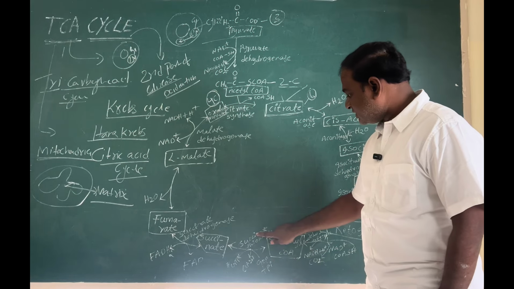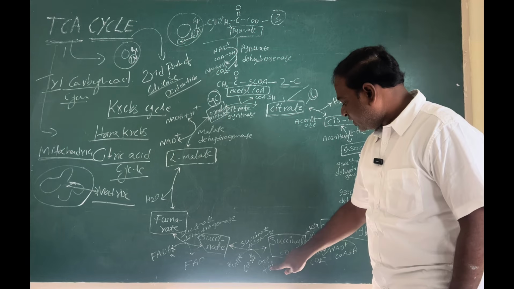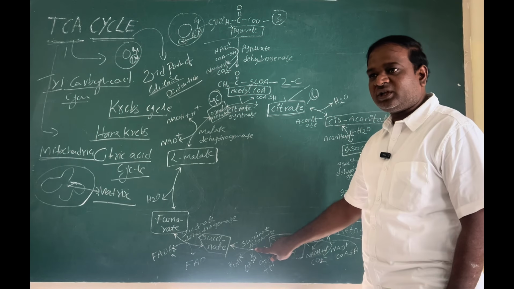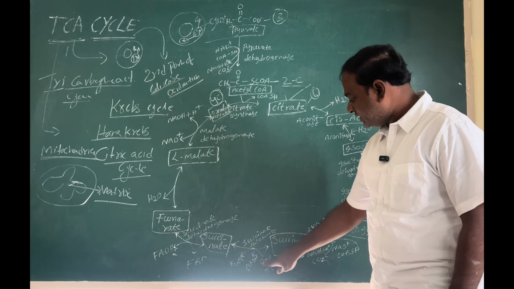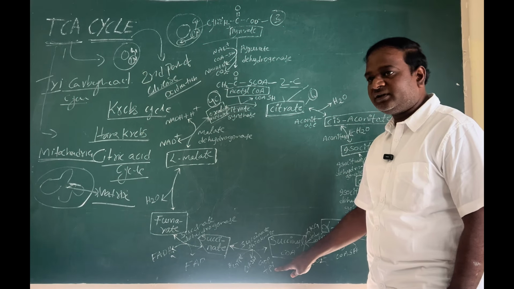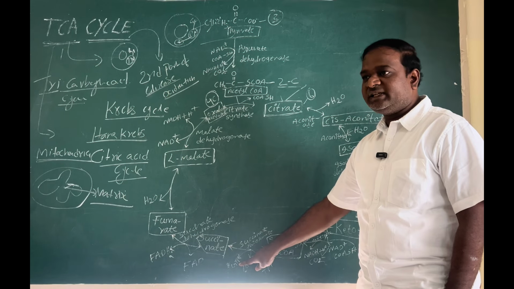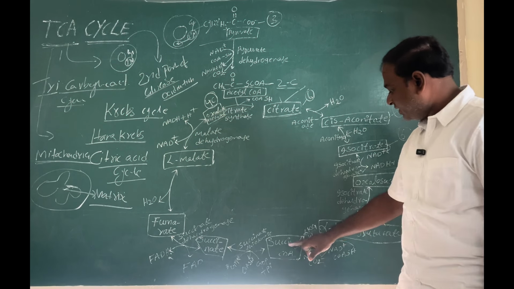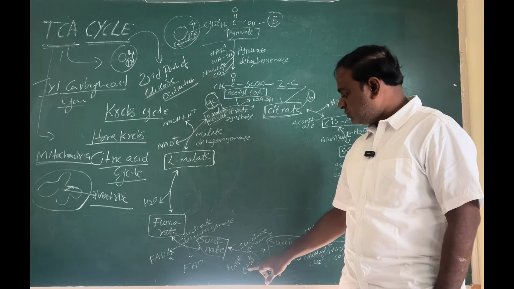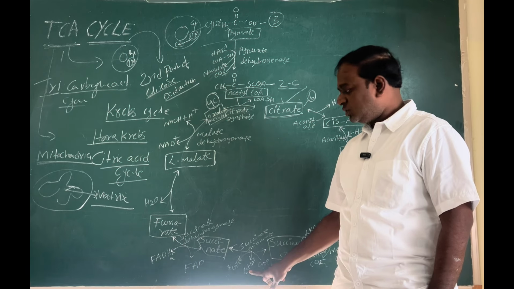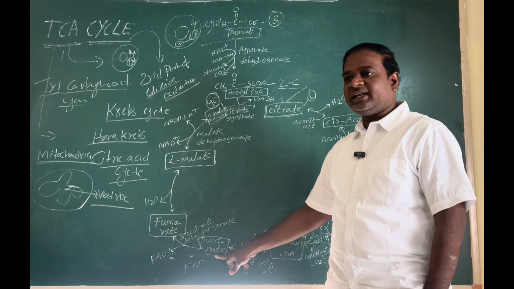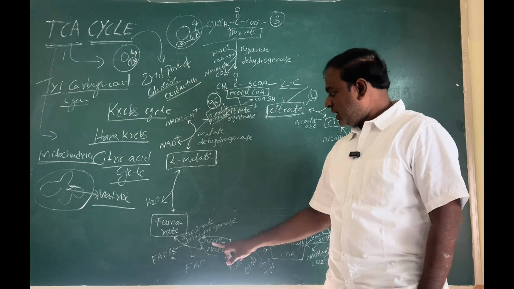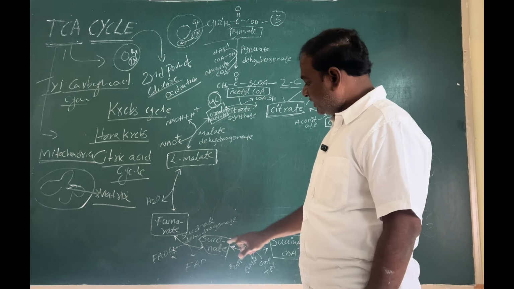One inorganic phosphate enters the reaction, GDP takes this inorganic phosphate to form GTP, and the CoSH that was added in succinyl CoA is removed in this reaction to form succinate.